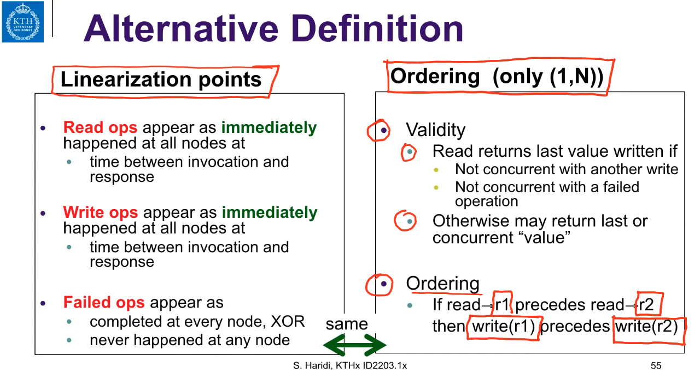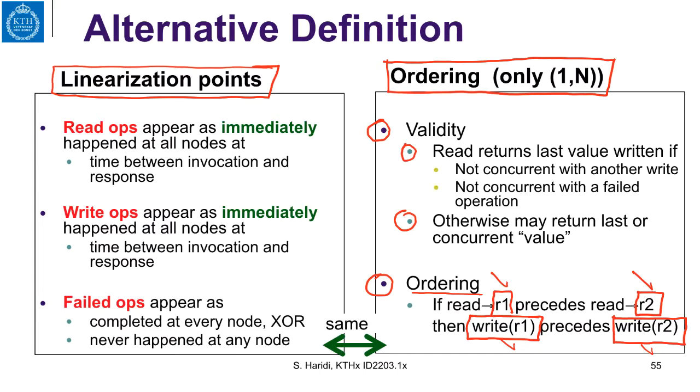Remember, in single writer, multiple reader, all writes are ordered. Therefore, if a read R2 is after the read R1, then it is not possible to have the write of R2 before the write of R1.